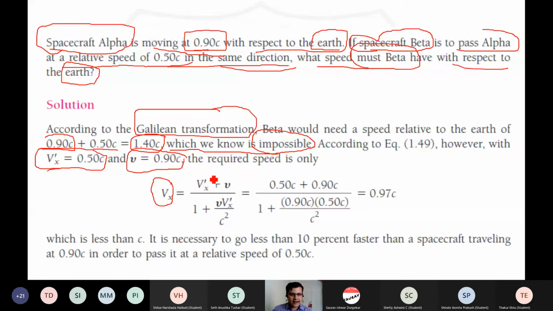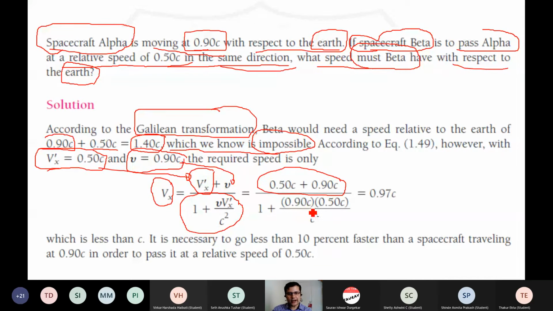So Vx prime is 0.5 c, and 0.9 c is the velocity v with which the frame is moving. We add those values in the numerator, 0.5 and 0.9 times c, divided by the factor 1 plus v times Vx prime divided by c square.